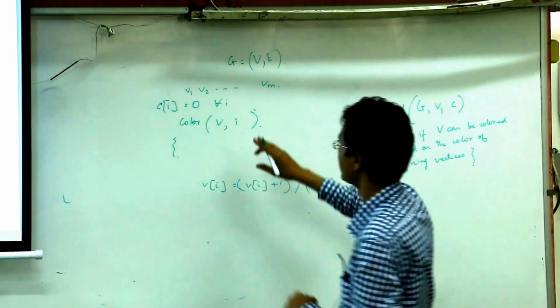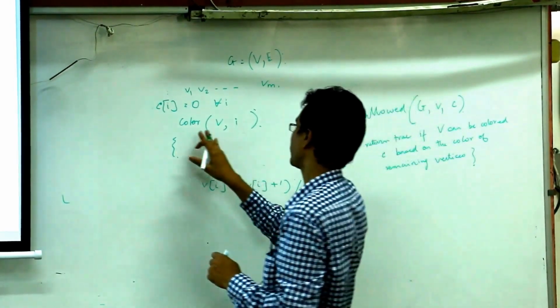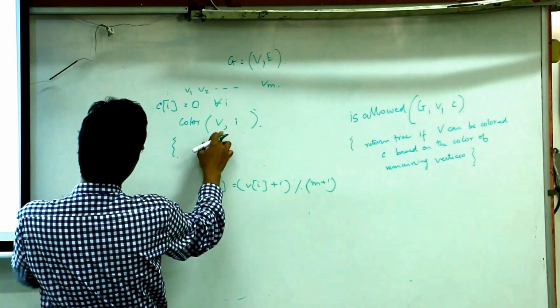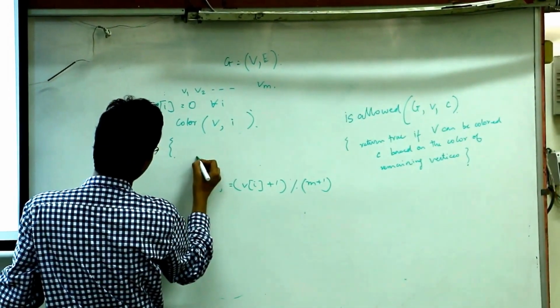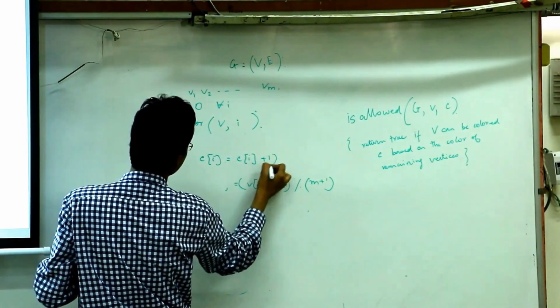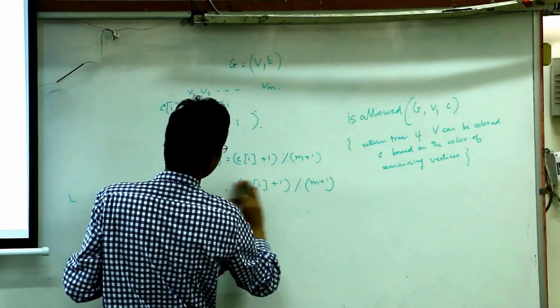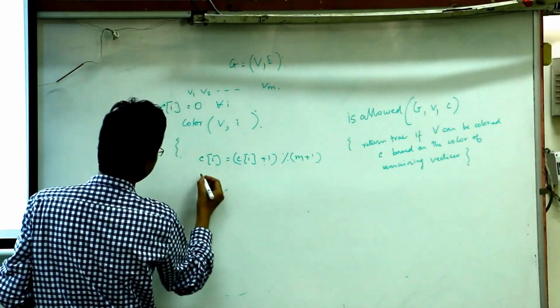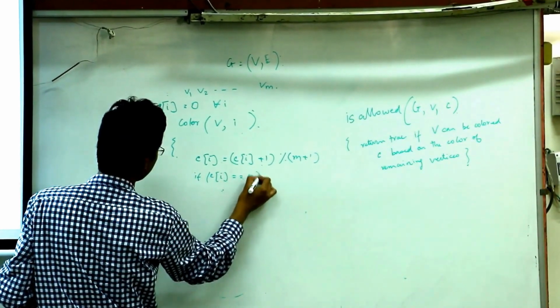What you do is initialize the colors of all the vertices with zeros, and whenever you want to color a particular vertex Vi, you set the color Ci to the current color plus 1 modulo m, and if Ci is 0, then you return false.